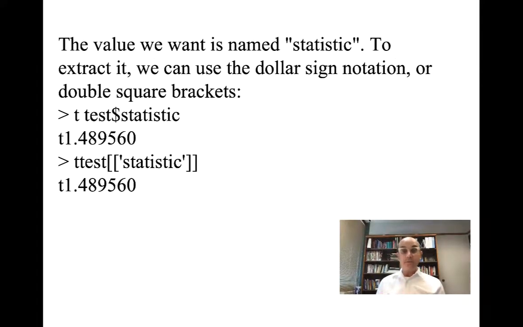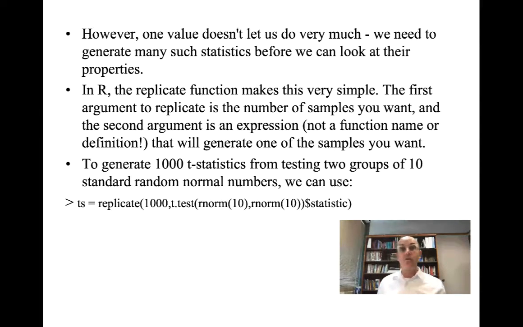If you want to extract the value named statistic, we can use the $ notation or double square brackets, so t-test and then $, or I can assign the t-test to a variable in order for us to do that. However, one value does not let us do very much, so we need to generate many more statistics before we look at the properties.